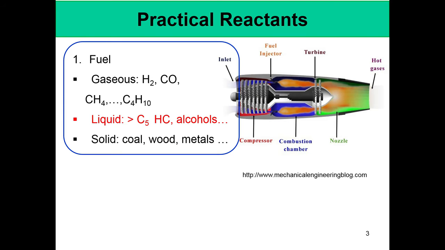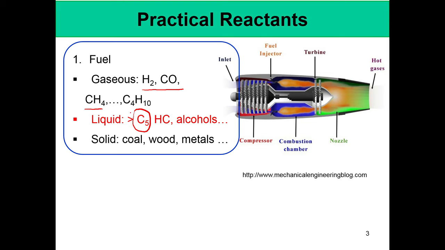So, now practical reactants: what should undergo combustion, and the products of what should be in chemical equilibrium? Fuels. What are the fuels? Gaseous fuels can be hydrogen, carbon monoxide, methane, ethane, propane, butane. If the number of carbons is greater than 5, typically they are liquid.